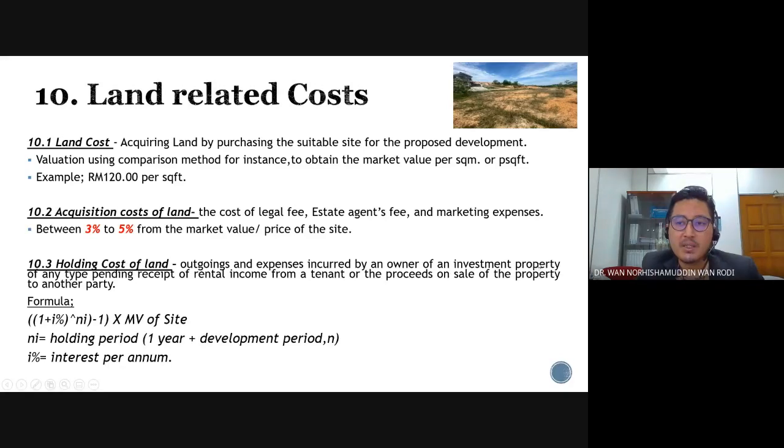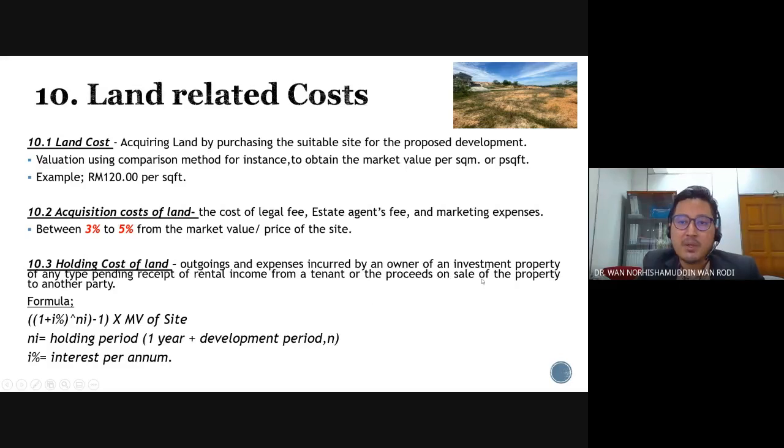In this context, it is a development site pending receipt of rental income from tenants, because the developer will not have a specific return to pay for all these costs before the construction of the project. So that's why they need to allocate this cost within the calculation.